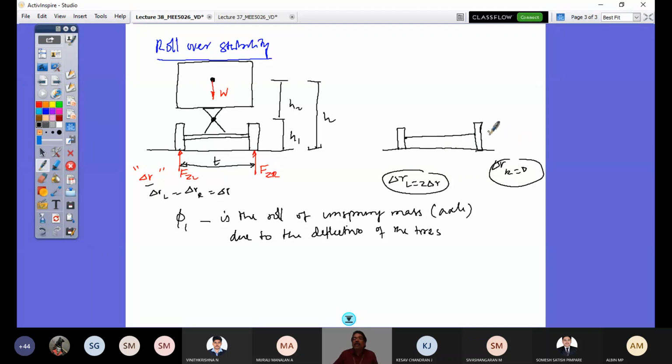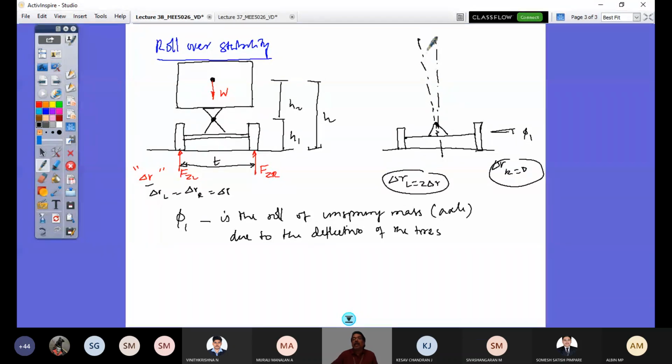And you had the roll center slightly gone there, and further here. If I consider this as my vertical line, this phi 1 would be represented with respect to the perpendicular drawn to the axle. I'm just exaggerating this for understanding what's happening.